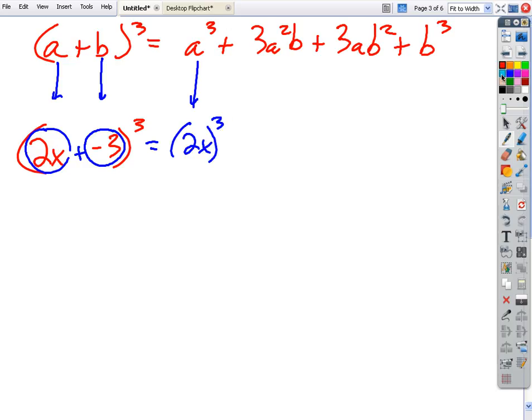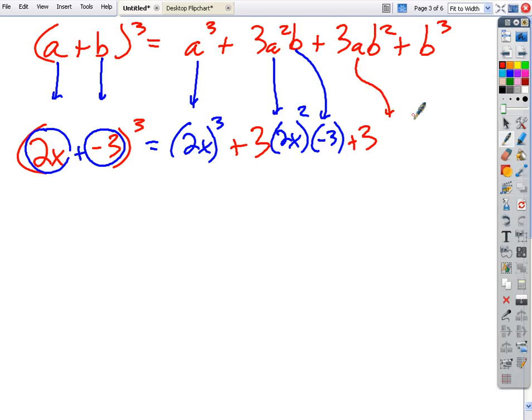Plus, what about this one? I get 3 times a, which is 2x, squared, times b, which is -3, right? Plus 3 times, a is, you told me, was 2x.